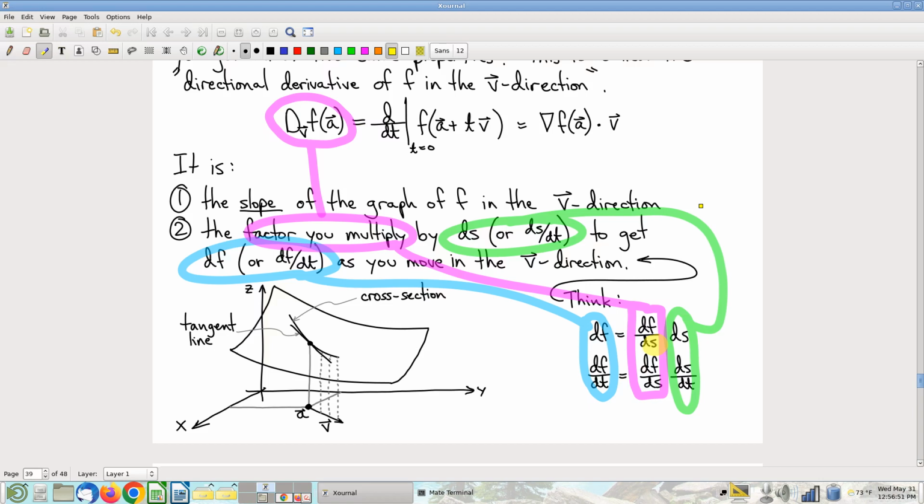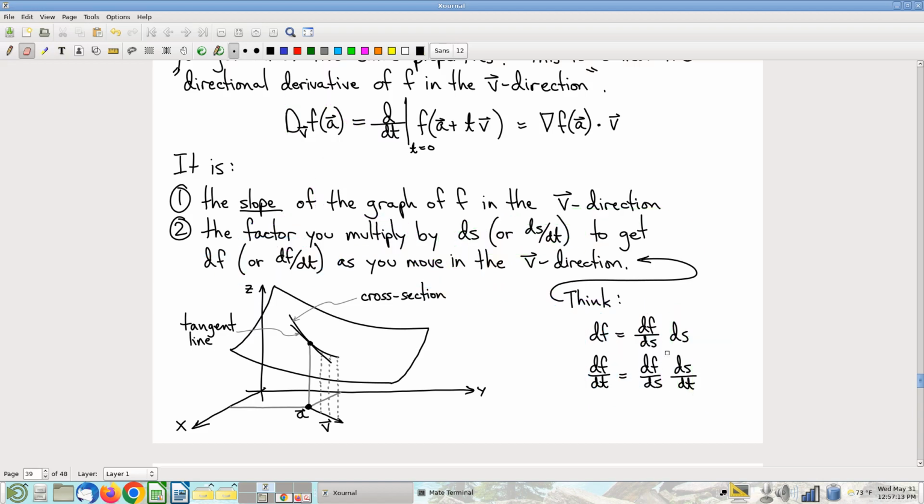So I distinguish that from rate of change with respect to time. Different story. But rate of change with respect to distance traveled in that direction. So a nice additional interpretation of the directional derivative.